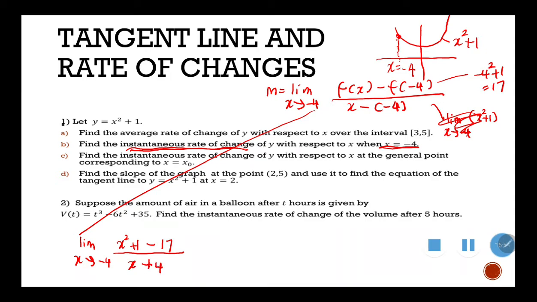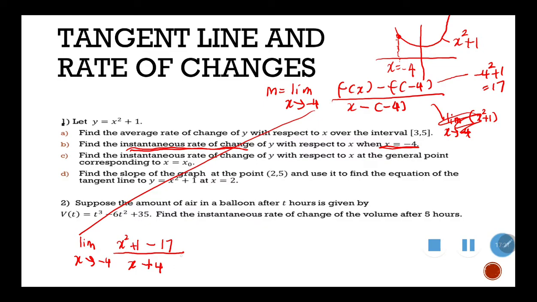If we try to substitute -4 here, at this point you will get 0 over 0. So this is unacceptable in the limit world. So you have to manipulate this equation, so the answer won't be 0 over 0.